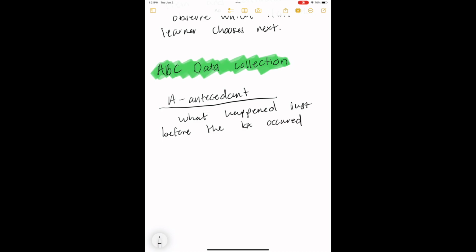And when you're thinking about the antecedent, always keep in mind the environment, right? B.F. Skinner, the father of behavior analysis, was really gung-ho about our environment and how our environment influenced our behavior.